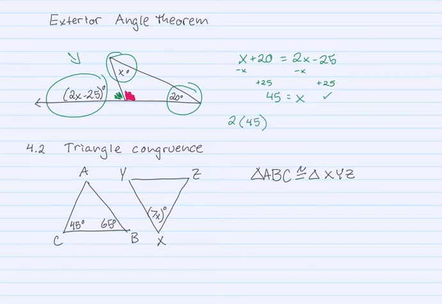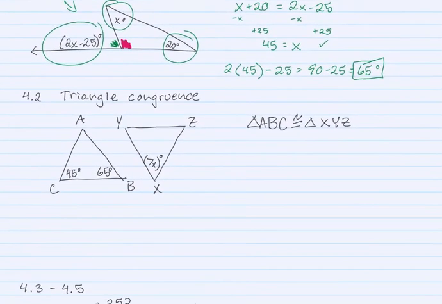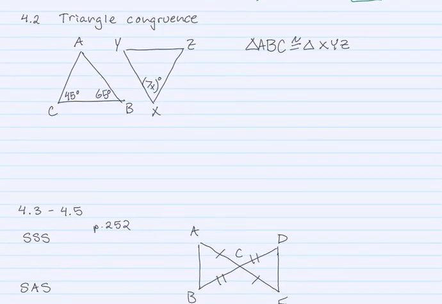So 45 replaces x. That becomes 90 minus 25, and that comes out to 65 degrees. So that exterior angle is 65 degrees. What's important on that one is make sure that you read your directions to actually answer the question.